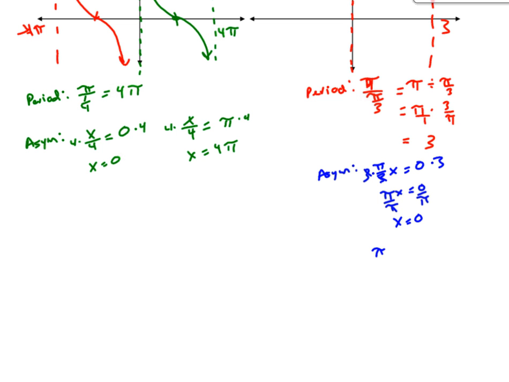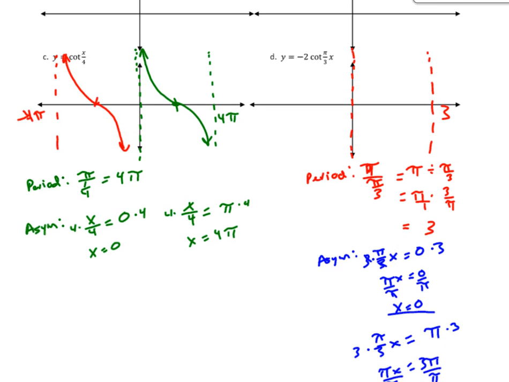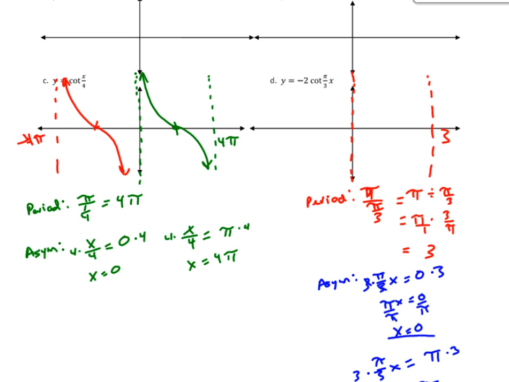My second one is pi over 3 x equal to the end of the period, which is supposed to be at pi. If I multiply by 3, I get pi x equals 3 pi. Divide by pi, and x is equal to 3. And so that's my ending asymptote. I've got an asymptote at 0 and an asymptote at 3. That matches up exactly with what our intuition said.